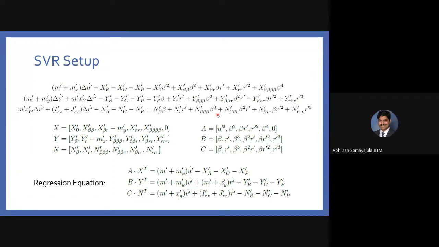Suppose I choose a maneuver in which there is absolutely pure yaw, without any sway, then I have eliminated the contribution due to x beta beta. Then the only contribution is due to x beta r. Possibly that contribution also will be zero because beta's contribution is already zero there. But yes, if you can find a maneuver in which these terms are not so linearly correlated, then you are in a better position to identify what is happening with this thing.